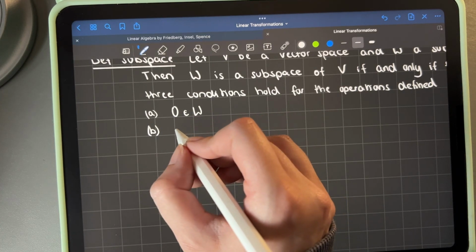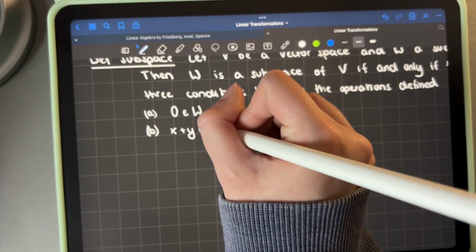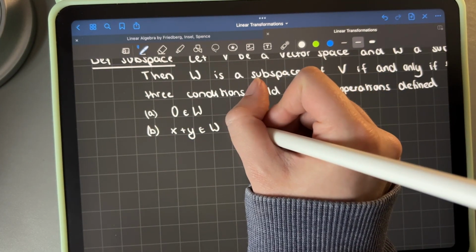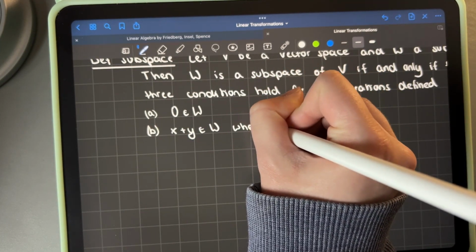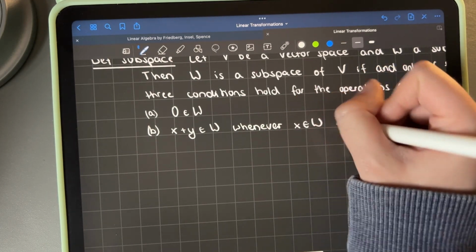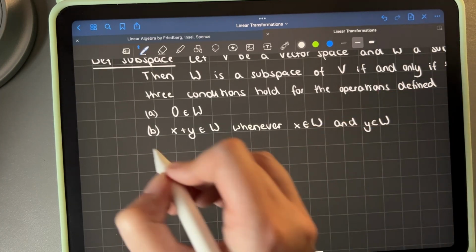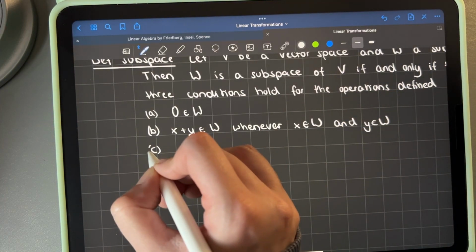Okay, then x plus y needs to be in W whenever x is in W and y is in W. So I think you say this has to be closed under addition.